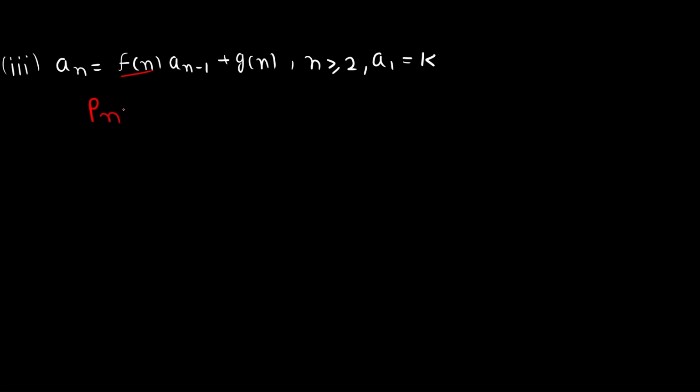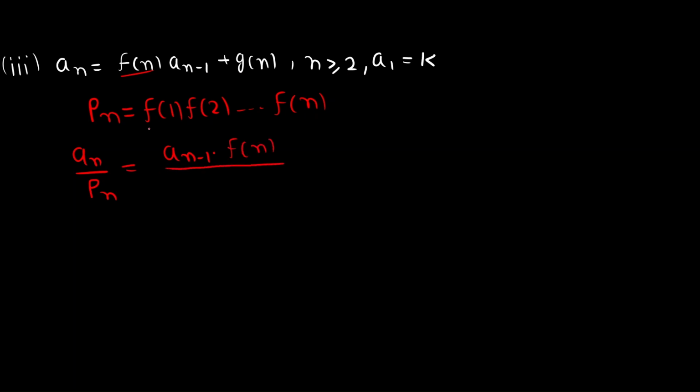We'll define a new sequence, call it Pn, as f of 1 times f of 2, and so on till f of n. Now we'll divide by Pn on both sides. An by Pn is equal to an minus 1 times f of n divided by, instead of Pn, I am writing the full form, f of 1, f of 2, and so on till f of n, plus g of n by Pn.